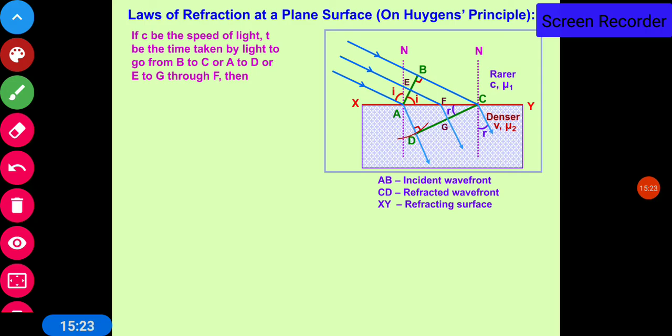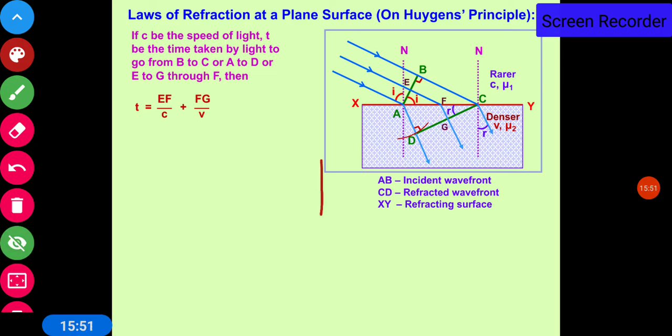If c is the speed of light and T is the time taken by the light to go from B to C, or from A to D, or from E to G through F. The principle is the same, that they will take the same time in reaching from B to C, or from A to D, or from E to G. So again T is equal to EF upon c plus FG upon v.